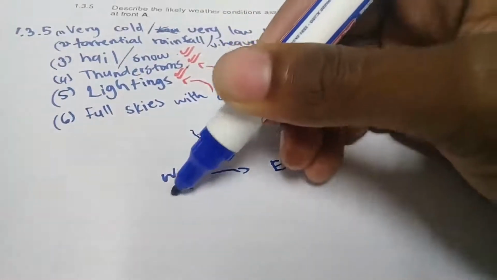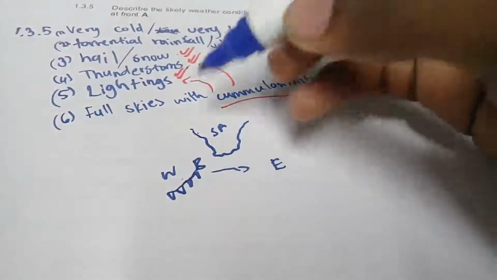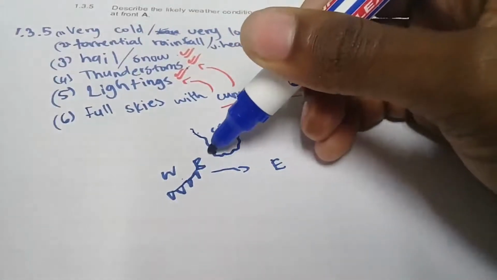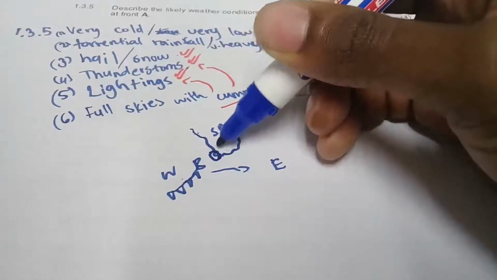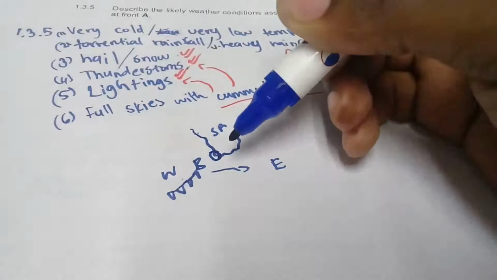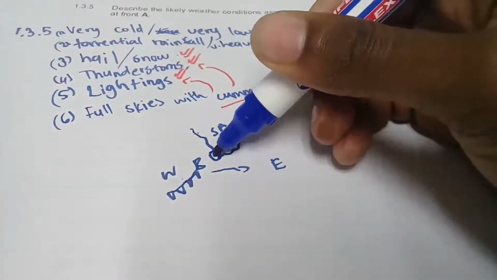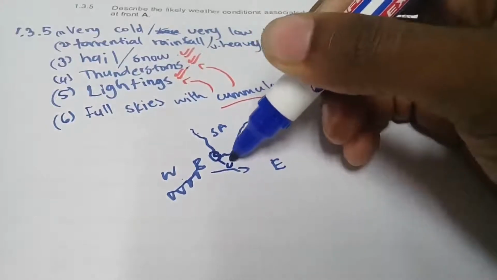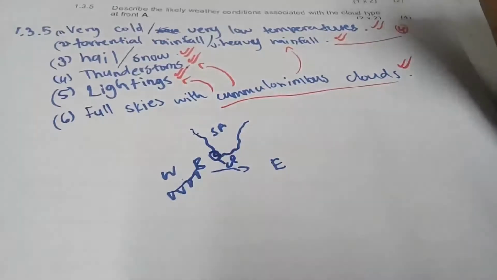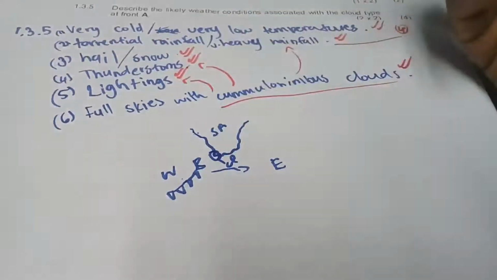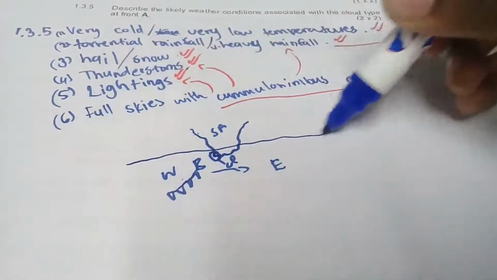This is the cold front, hitting the tip of South Africa, affecting the southwest part of the Western Cape. This is maybe Cape Town, so that's why it always receives winter rainfall.